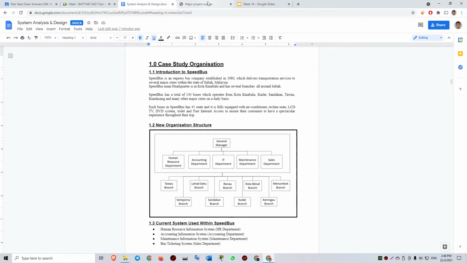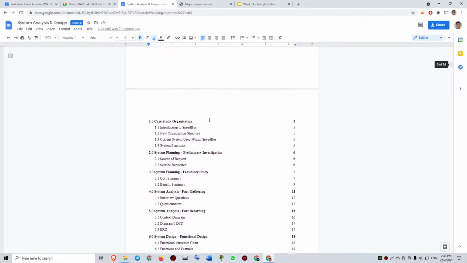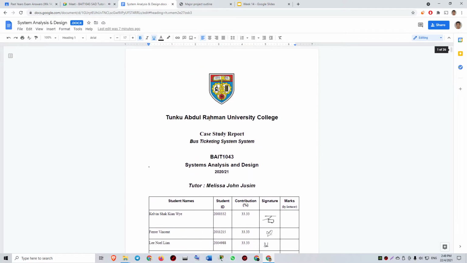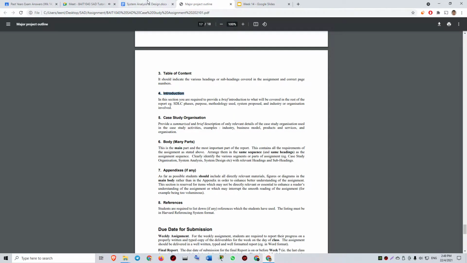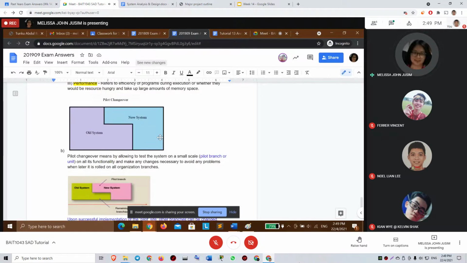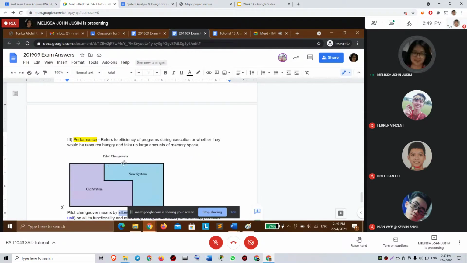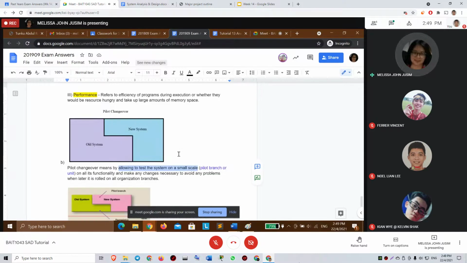As for the pilot changeover, it seems that important keywords are missing in your explanation, and for your diagram, you need to specify which one is which. A pilot changeover allows testing the system on a small scale, so we call it the pilot site or pilot branch. You need to specify which one is the pilot site.